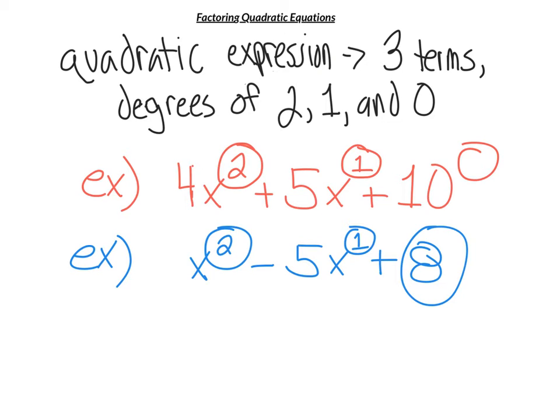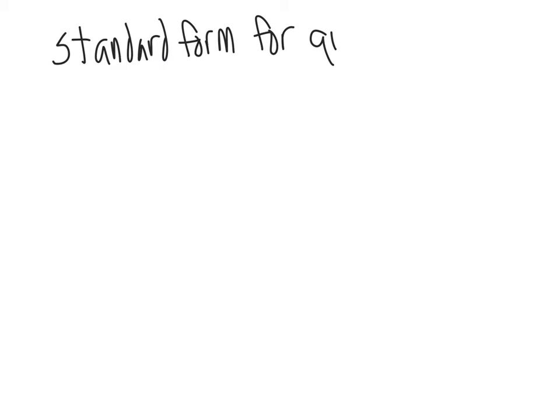Now, we're going to explore a little bit with standard form as well. Quadratics have a standard form. So when you have standard form for a quadratic, in this case we'll do an equation, it will look something like this.